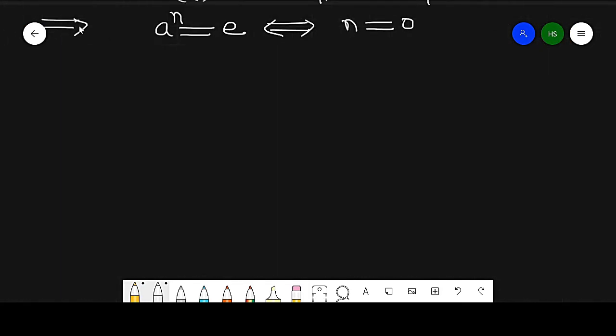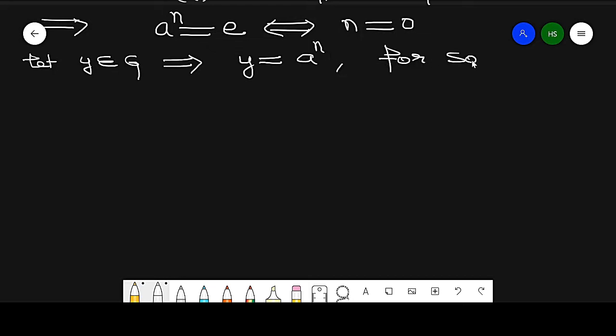Now to prove it is an onto map, I will take some y from the right hand side, that is from G. If y belongs to G, then what does it mean? The element y is equal to a raised to power n for some integer n.